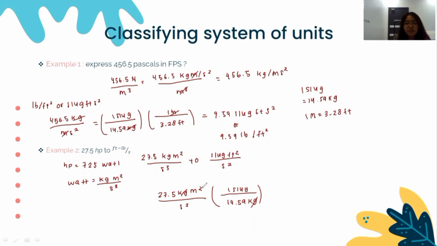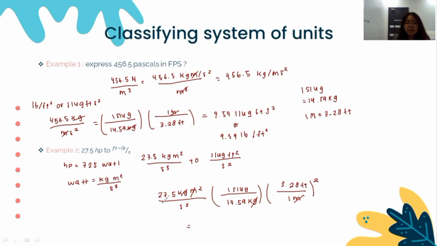Then we're going to convert meter squared to feet squared. 1 meter is equal to 3.28 feet. So we're going to write in here 1 meter, 3.28 feet. Cancel the meter out. And don't forget to put squared because there's squared in here.